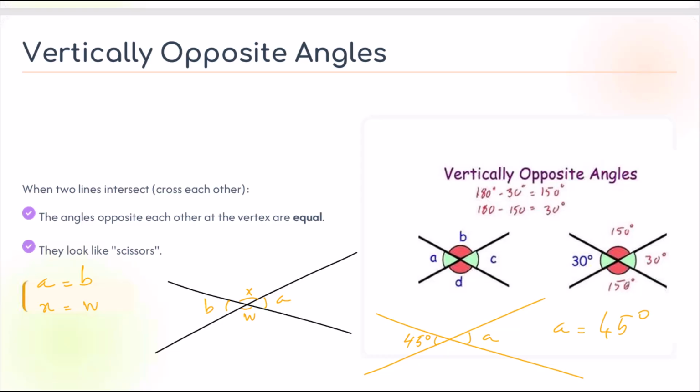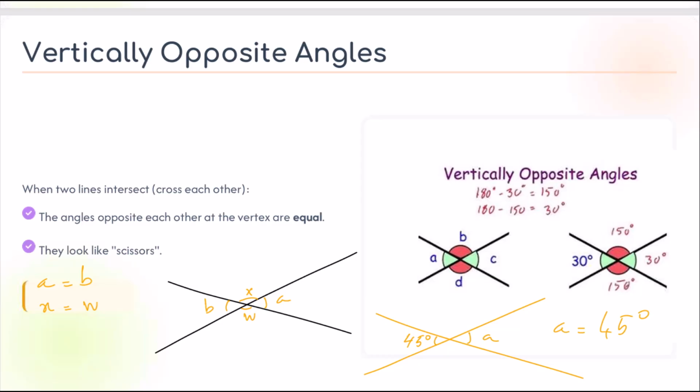Whenever you are asked to work out missing or unknown angles and give a reason, the reason is this: vertically opposite angles are equal.